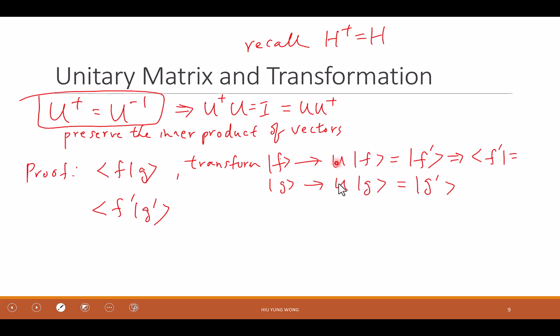How do I write it after it's transformed? F definitely becomes a bra, but how about U? Instead of the complex conjugate for a matrix, what do we use? Do you remember? Transpose and then complex conjugate. And that is what? Adjoint.